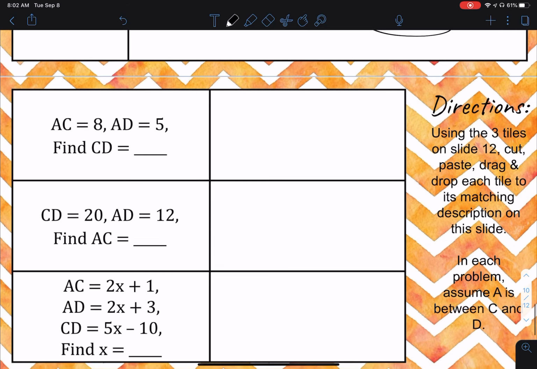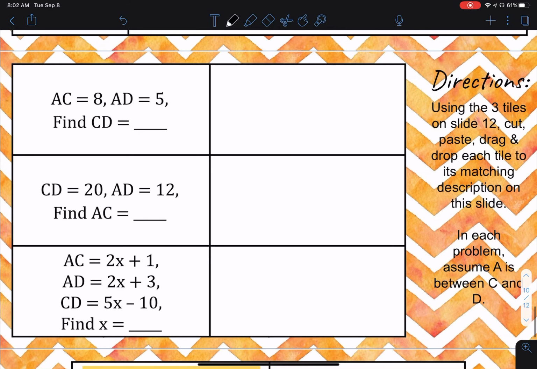All right. Now let's try this one. Over here in the directions, it's always very important to read the directions or else you'll be lost. Use the 3 tiles on slide 12 to cut, paste, drag, and drop each tile and the matching description on this slide. In each problem, assume A is between C and D. Okay, that helps out a lot.